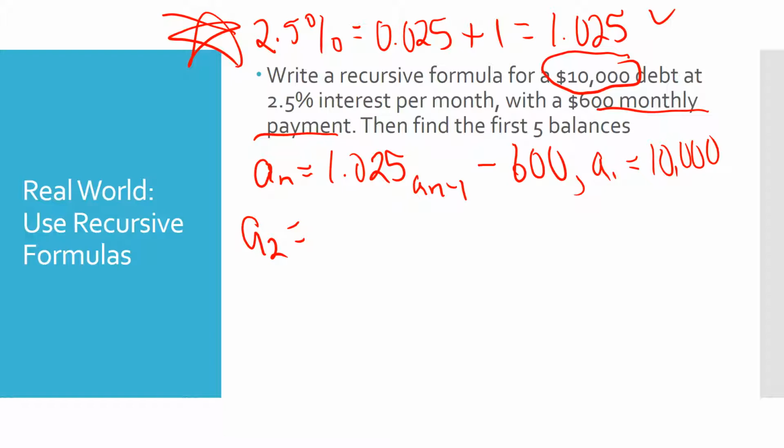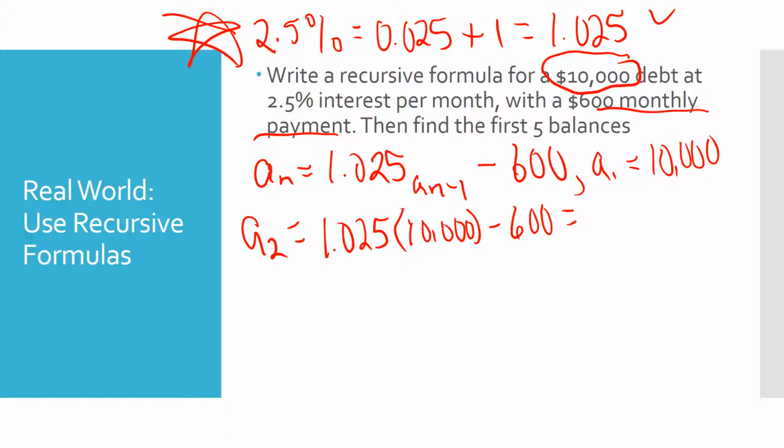But what about A2, at the end of the second month? All right, so I've got 1.025 times, well, A1 is $10,000, minus 600. All right, let's get the calculator out here.